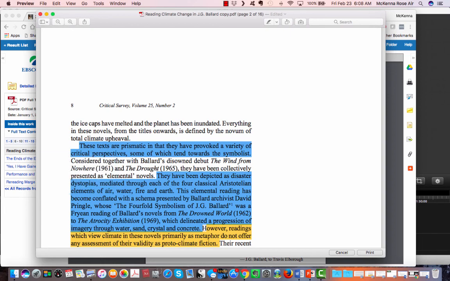So you have the introduction that makes the claim, and then in that second paragraph, the topic sentence announces that what is going to follow are a variety of critical perspectives, yeah?